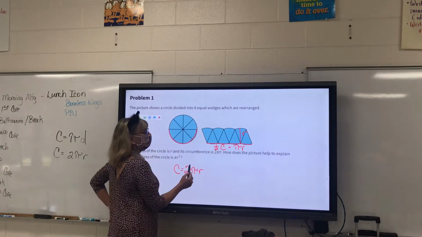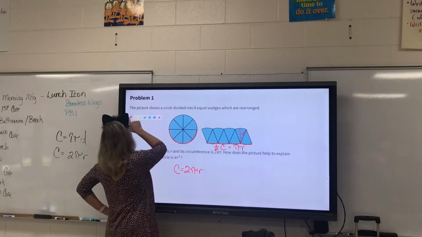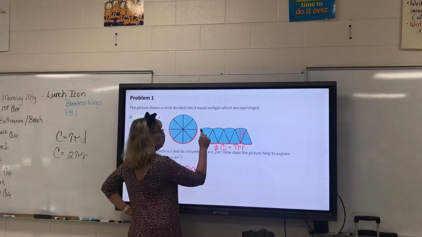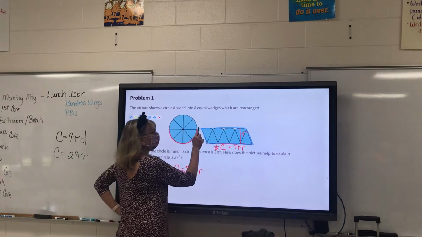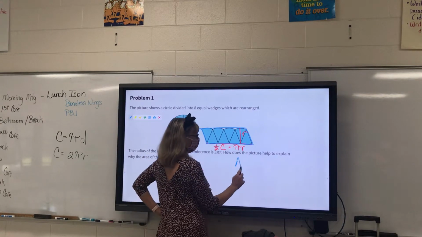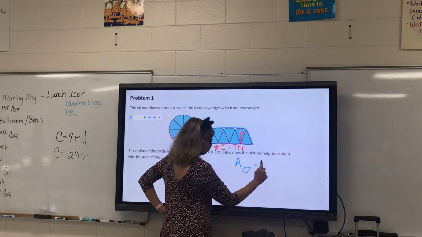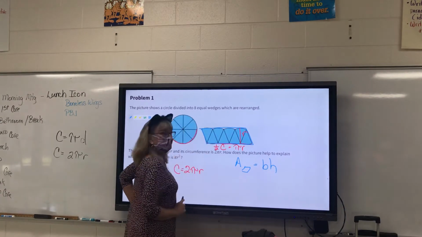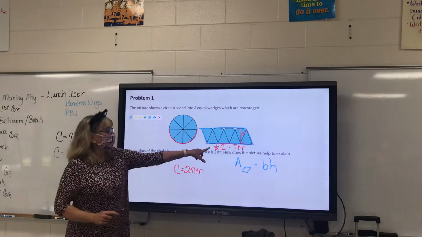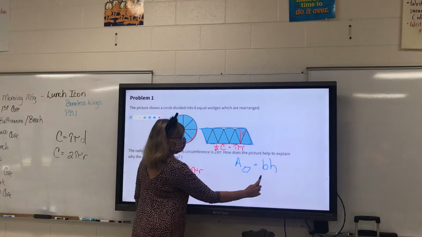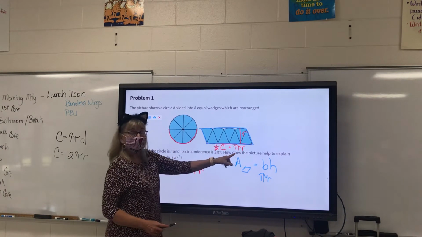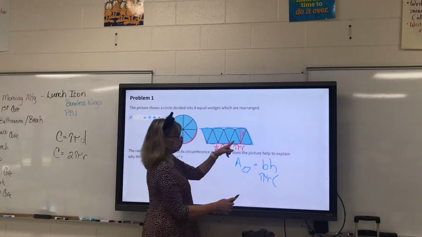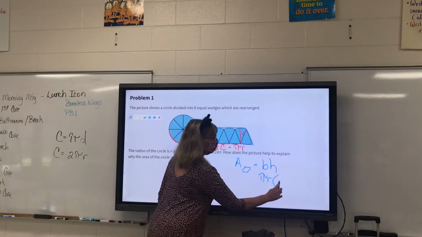Now, what shape does this look like? Parallelogram. So this looks like a parallelogram, and we know that the area of a parallelogram is base times height. Now, using what we know about a circle, we're going to say the base is pi r, because that's what it is on the circle, and we're going to say the height is the radius.